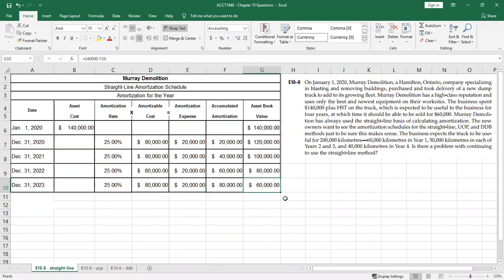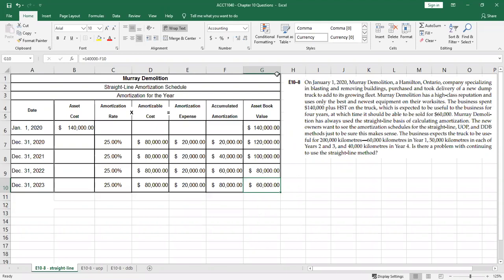If you take a look at this before you move on, you can determine whether you're on the right path. And in this case, because we've calculated the asset book value at December 31st, 2023 to be $60,000, and we know that the residual value is also $60,000, we know we're in good shape. So let's move on to the next method.